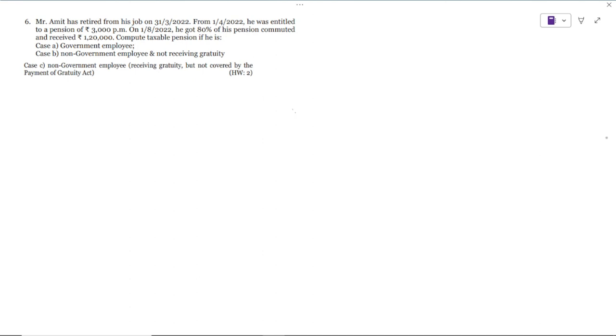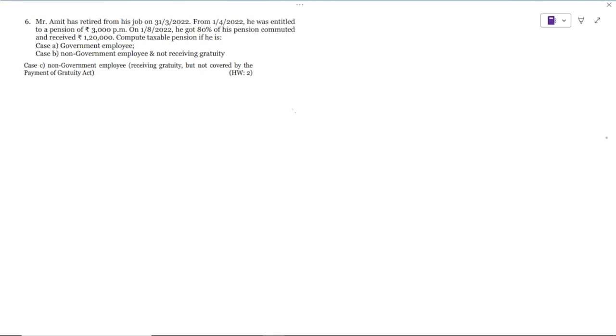Because our previous year starts from 1st April 2022 till 31st March 2023, right? So in the current previous year he will only get pension. From 1st April 2022 he was entitled to a pension of rupees 3,000 per month.